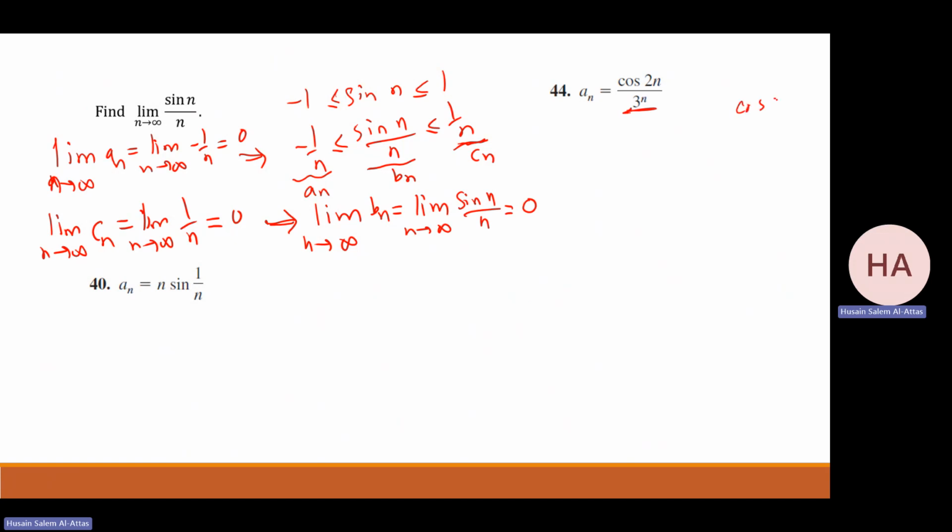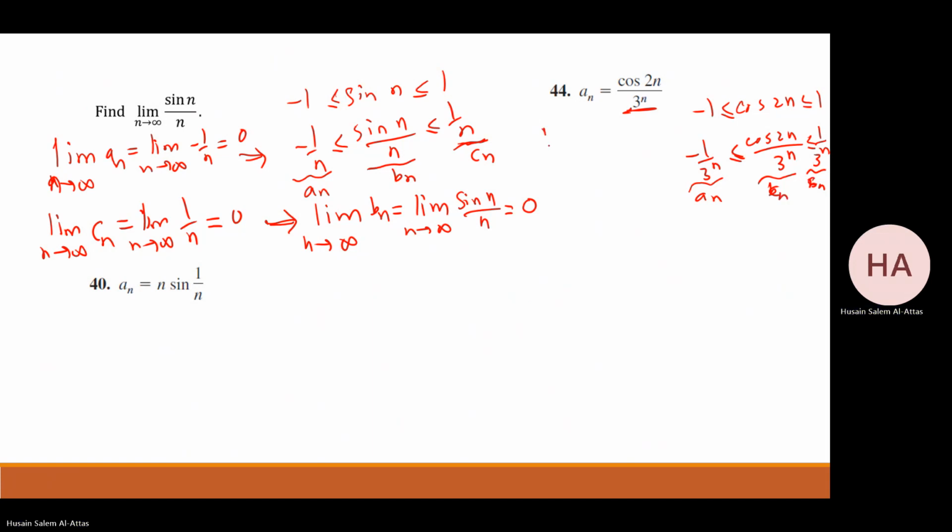Cosine 2n is between -1 and 1. So cosine 2n over 3 to the power n. Then talking about positive numbers, that will be always positive. So the same thing, we call this an, we call this bn, and we call this cn.